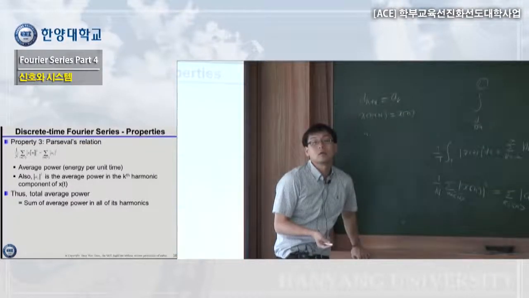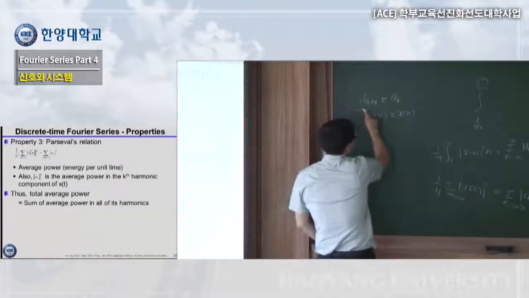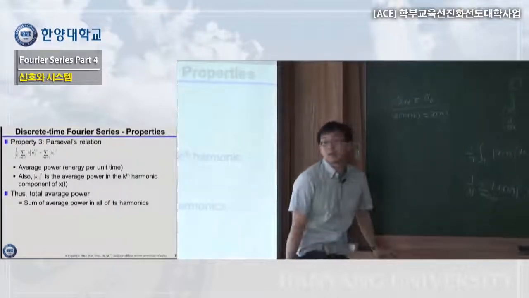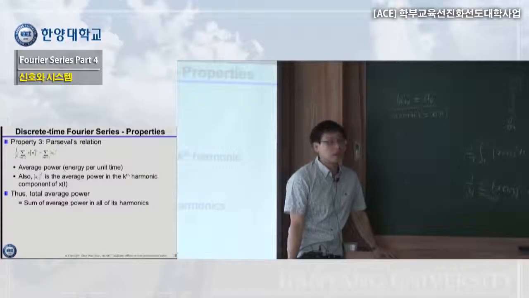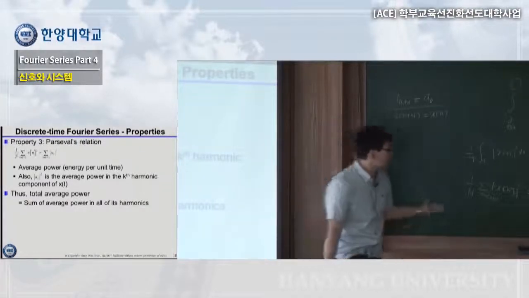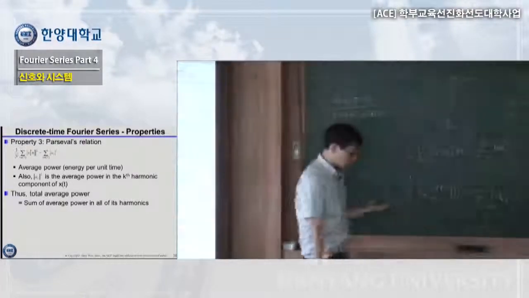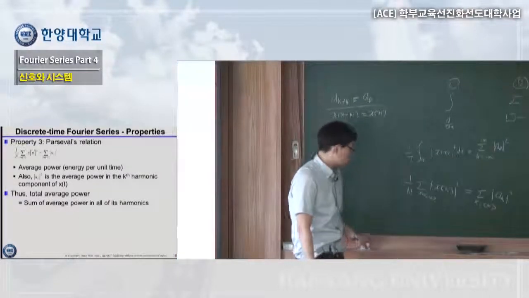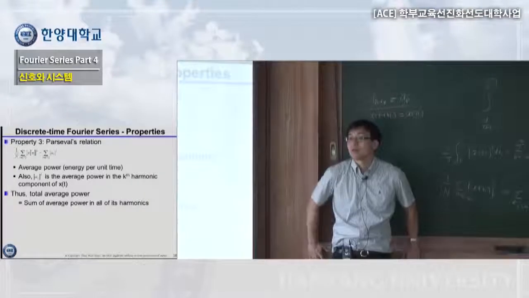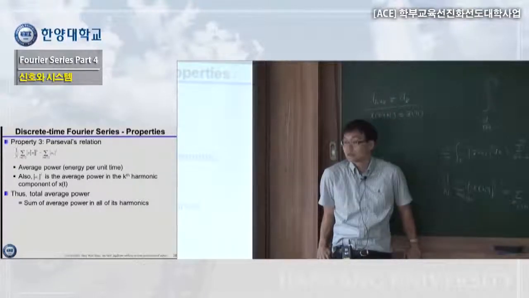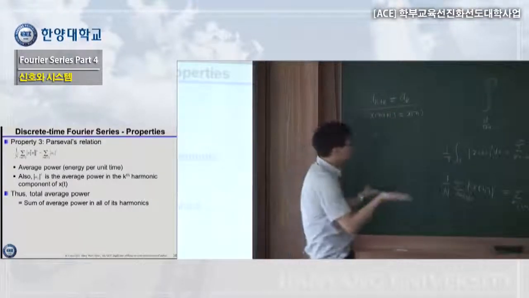Okay. So this is a very simple finding, but it relieves a lot of burden for you. This is Parseval's equation for the Fourier series coefficient of a discrete time signal. So the meaning will be the same.